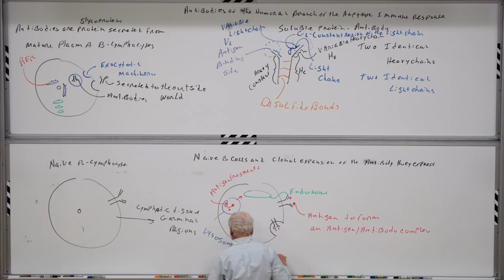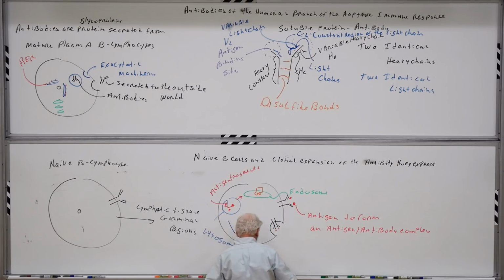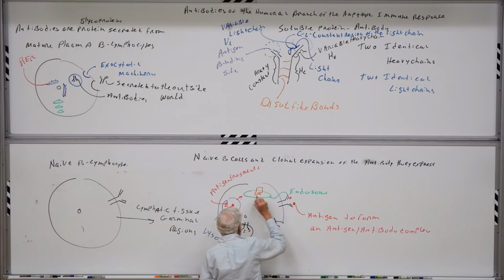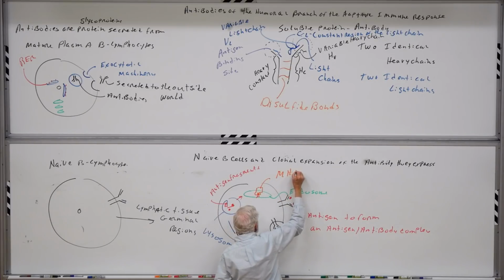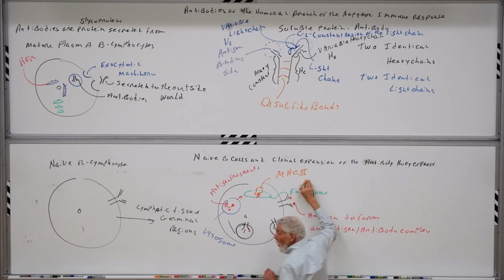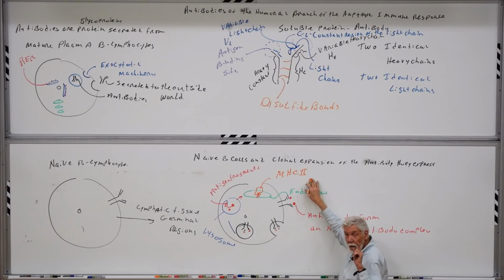And in the endosome, the antigen fragment is attached to this protein called MHC2. Remember, there are only 3 cell types that express MHC2. They are macrophages, dendritic cells, and these B lymphocytes.